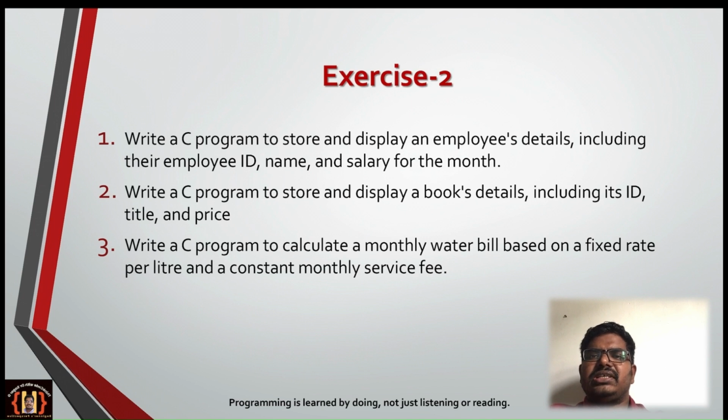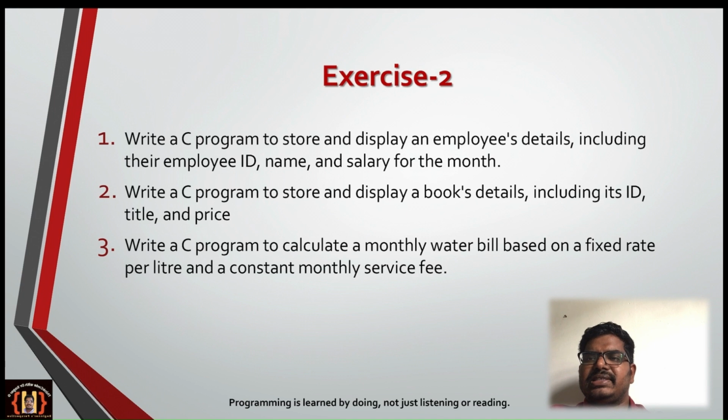The next question is, write a C program to store and display a book's details. The book's details could be book ID, title of the book and price of the book. The next program is, write a C program to calculate the monthly water bill based on a fixed rate per liter and a constant monthly service fee. Think about this.